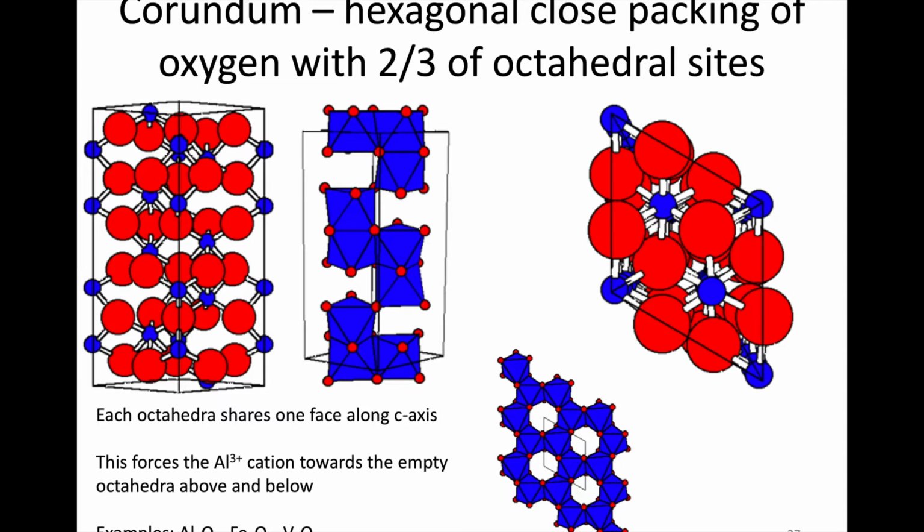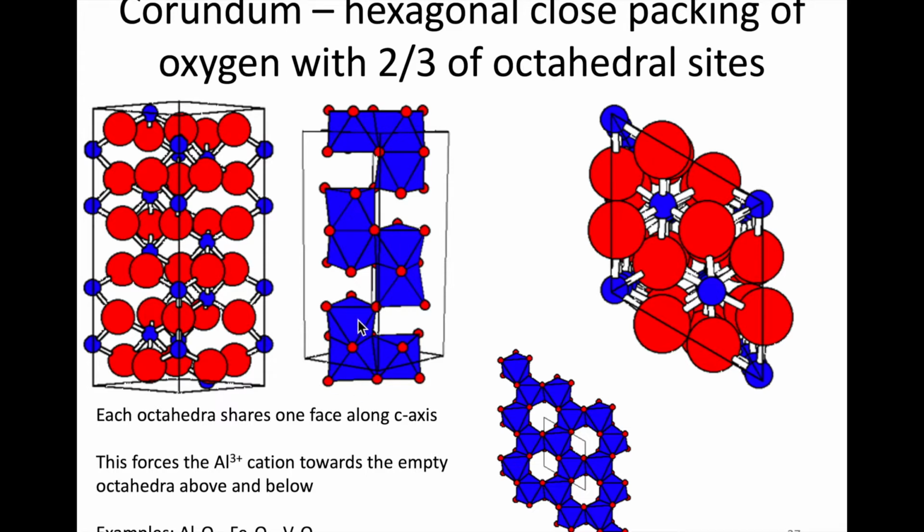It does have that HCP stacking of the anions, so AB, AB. Again, 2/3 of the octahedral sites are filled. And an important thing to note here is the octahedra, and here you can see the shapes. So each octahedron in the z-axis shares a face with another octahedron.